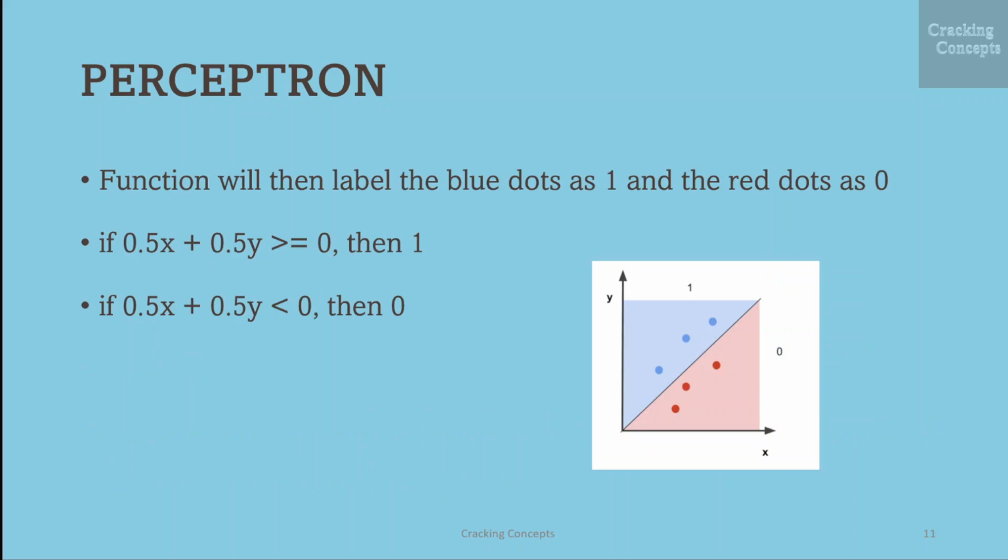The perceptron function will then label the blue dots as 1 and the red dots as 0. In other words, if 0.5x plus 0.5y is greater than or equal to 0, then it's 1. And if 0.5x plus 0.5y is less than 0, then it is 0. As shown in the figure, this function creates a decision boundary that separates the red and blue points.